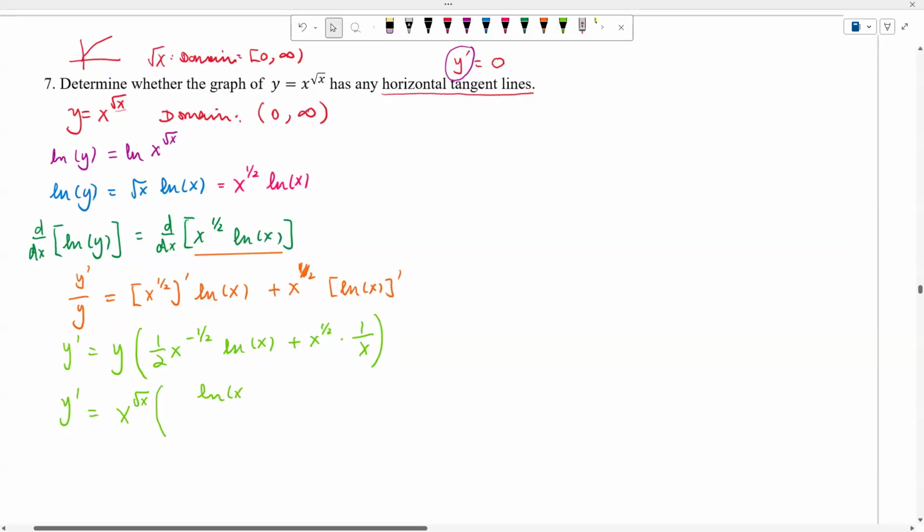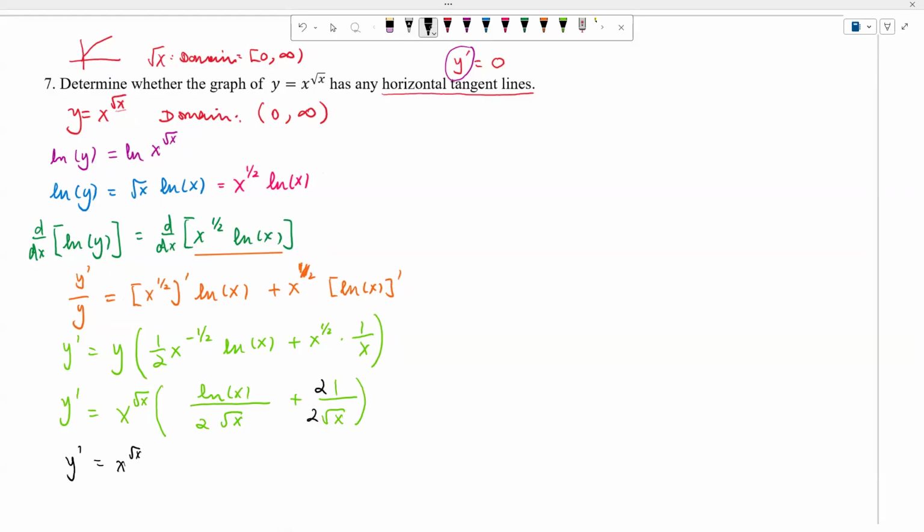So I have natural log of x over 2 times square root of x, plus this one is 1 over square root of x. Then I multiply the second term by 2 over 2, so we could combine these two together. So I will have y prime is x to the square root of x, times natural log of x plus 2 over 2 times square root of x.